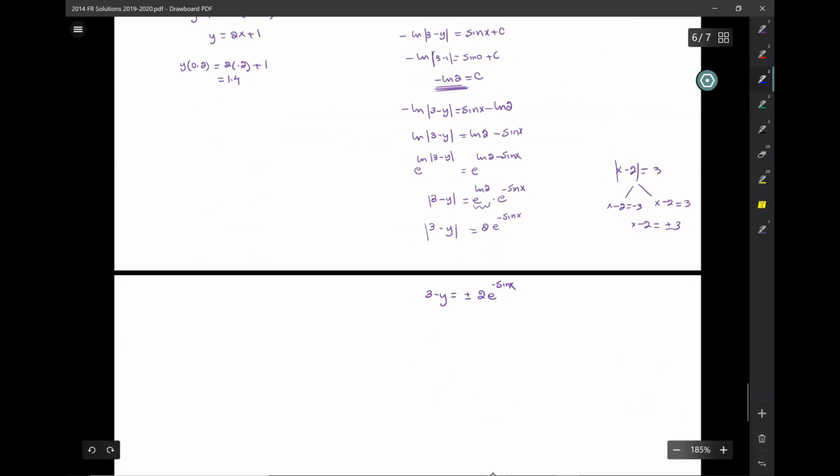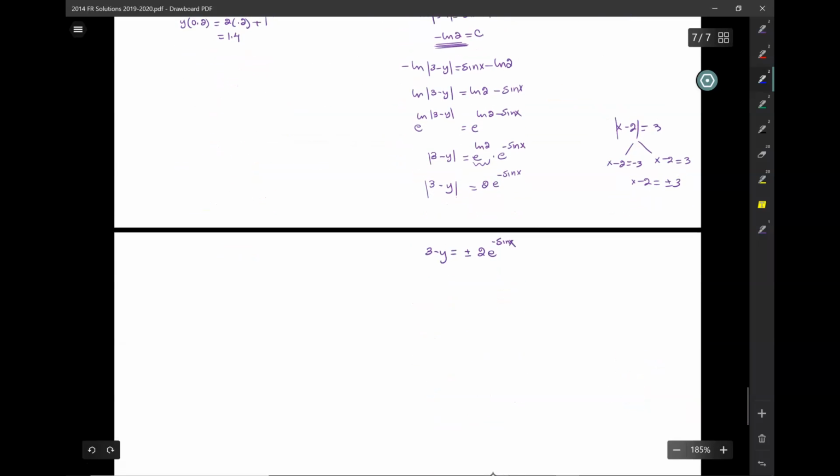So when you go here, which one is it, the plus or the minus that's going to give us x is 0, y equals 1? Well, actually, it's the positive one. So this must be positive 2 to satisfy the initial condition.